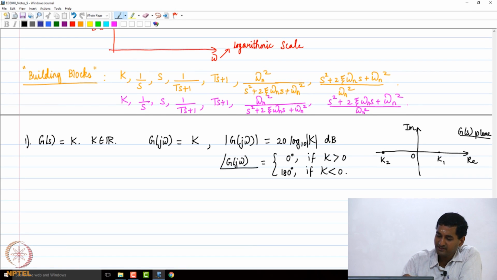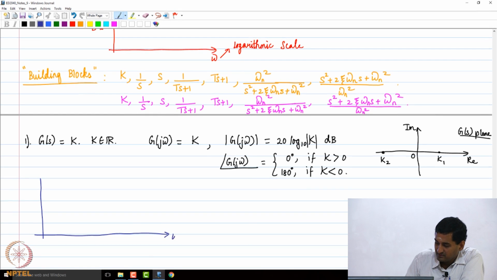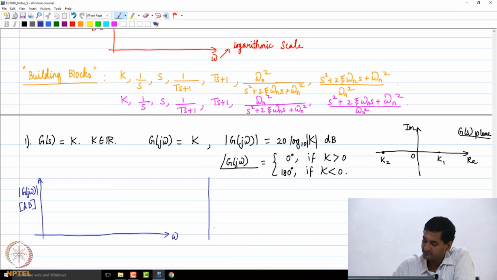Now, if I want to draw the magnitude plot and the phase plot, what is it that I should do? You can see that if I draw the magnitude plot, I plot it in decibels, and the phase plot where the phase is in degrees.